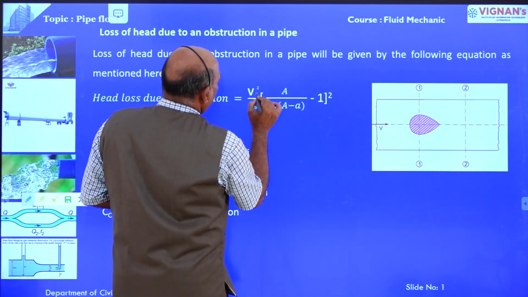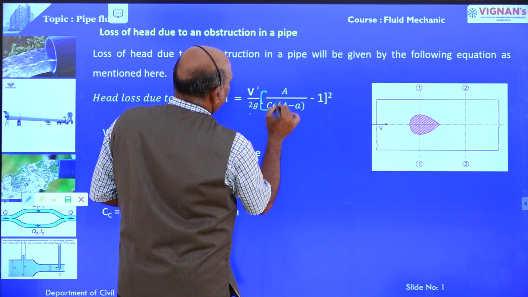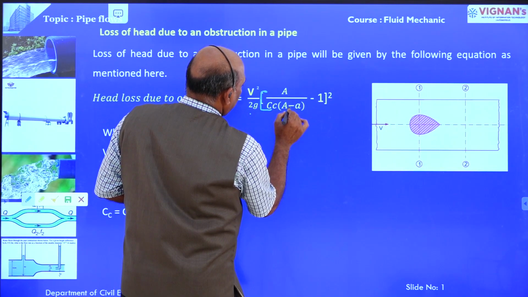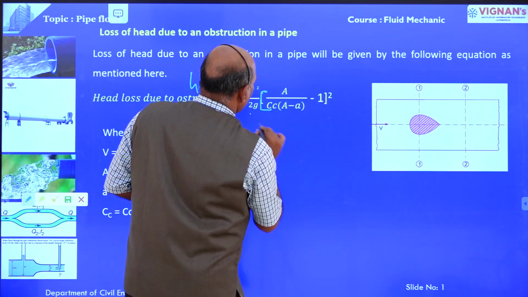Where the loss at sudden obstruction is equal to V square by 2g (A by Cc (A minus a) minus 1) whole square.